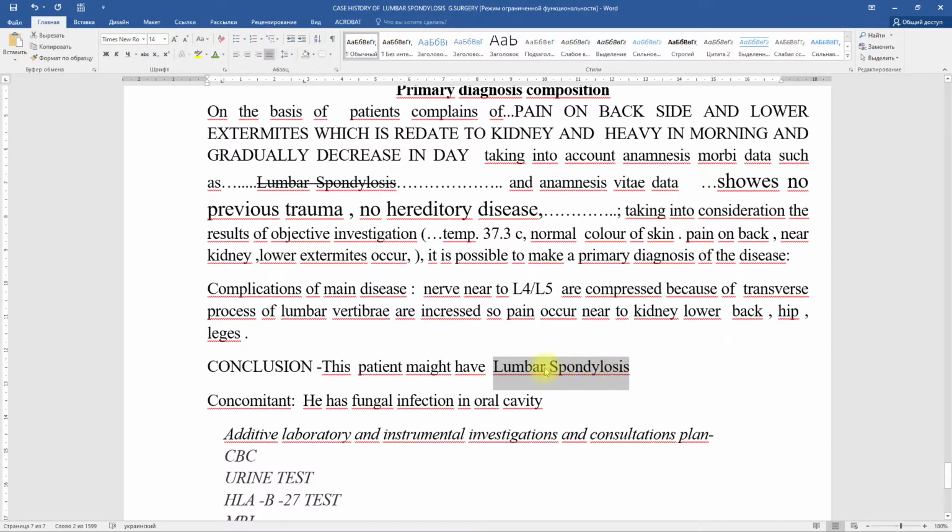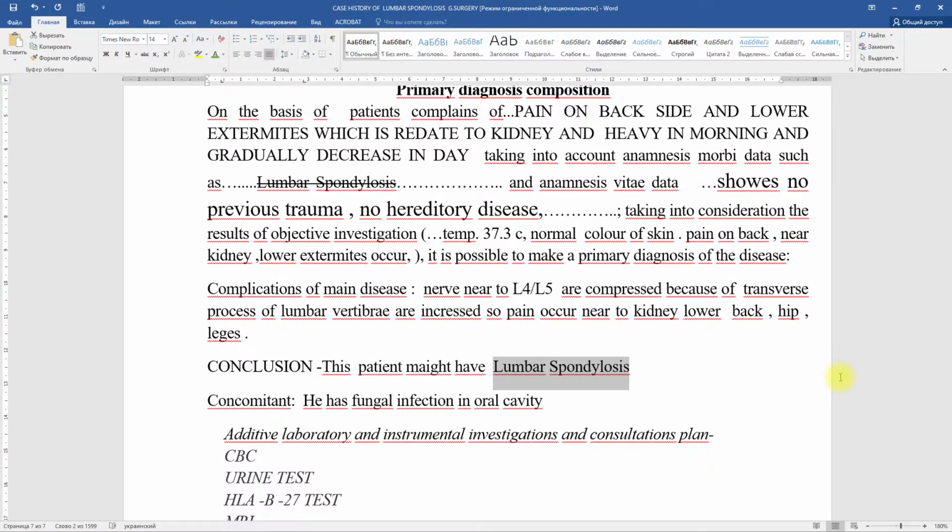He might have lumbar spondylosis, but why can't he have, for example, tuberculosis of a vertebral body? Or why can't he have inflammation of the sciatic nerve?